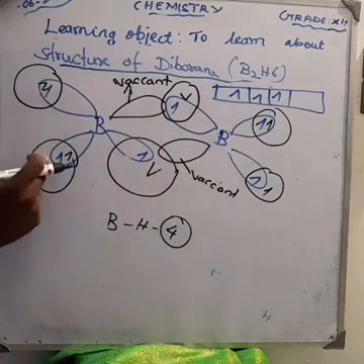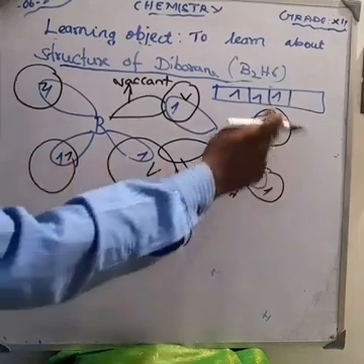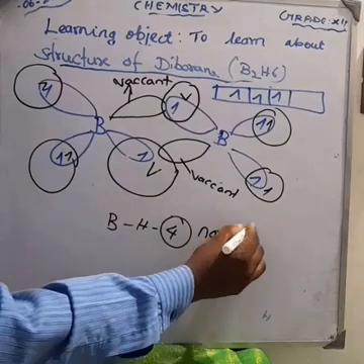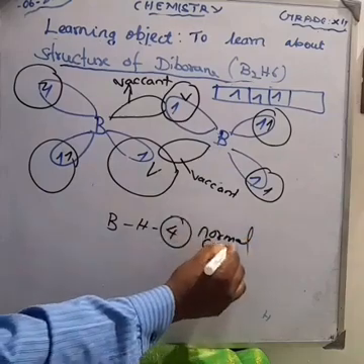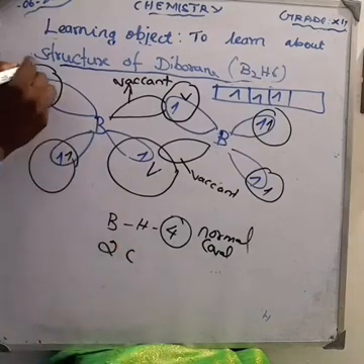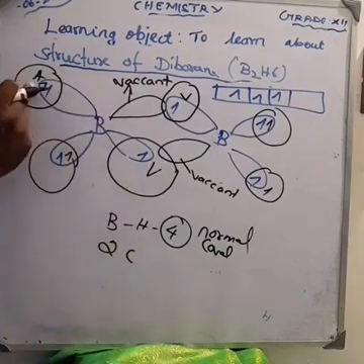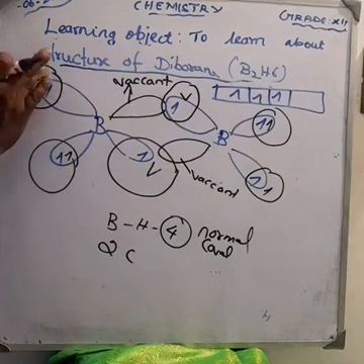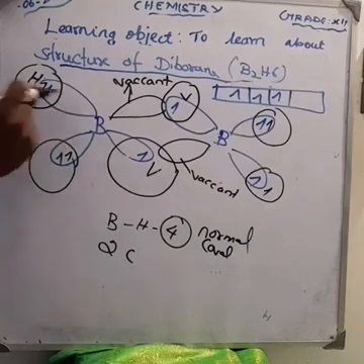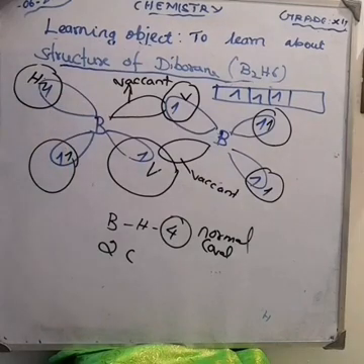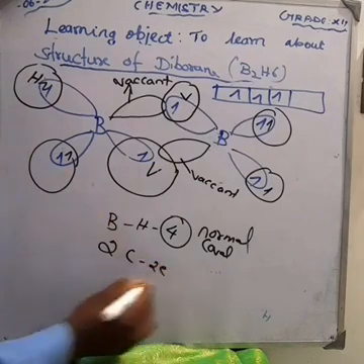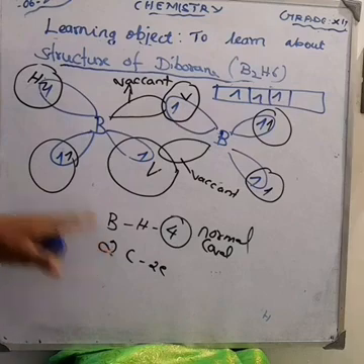So these four terminal BH bonds are normal covalent bonds. These can be represented as two center: one boron, one hydrogen. How many electrons are in the bond between boron and hydrogen? 2 electrons.